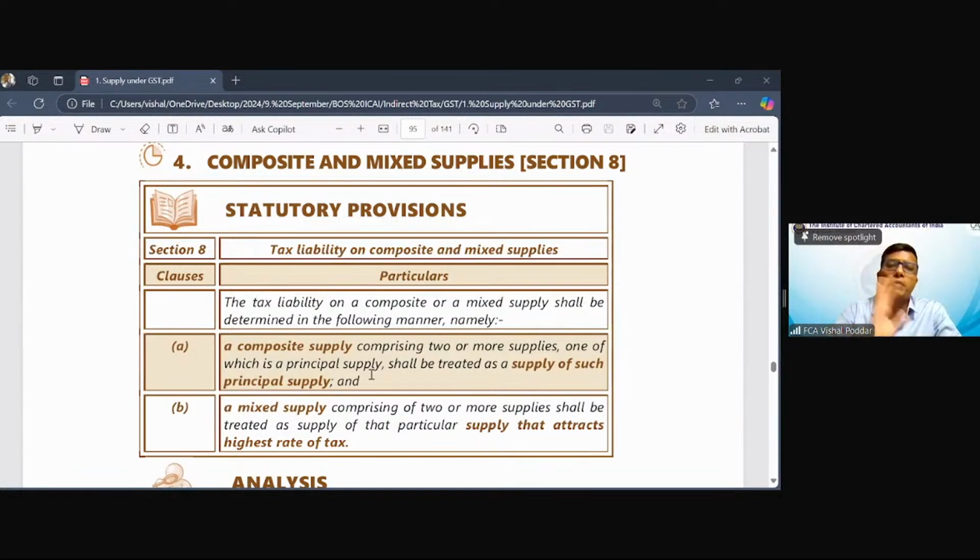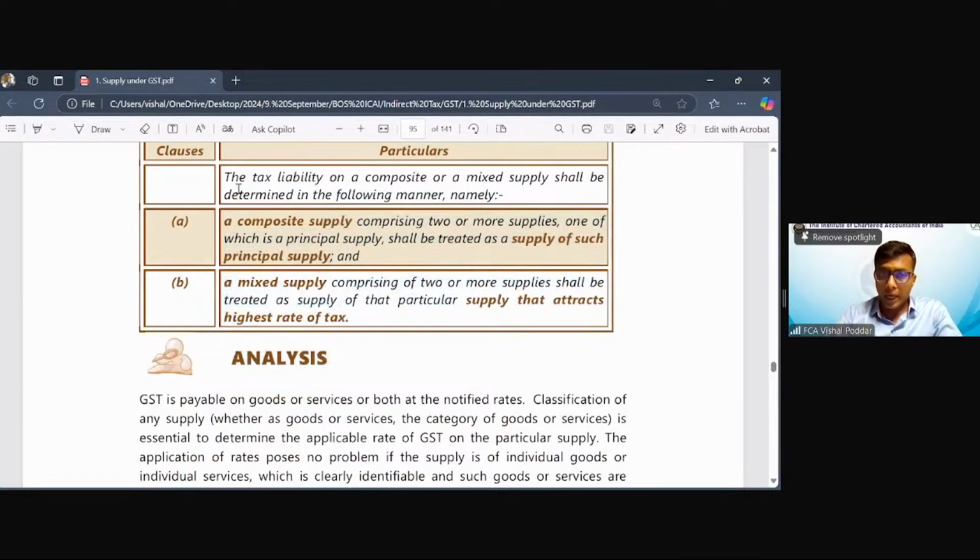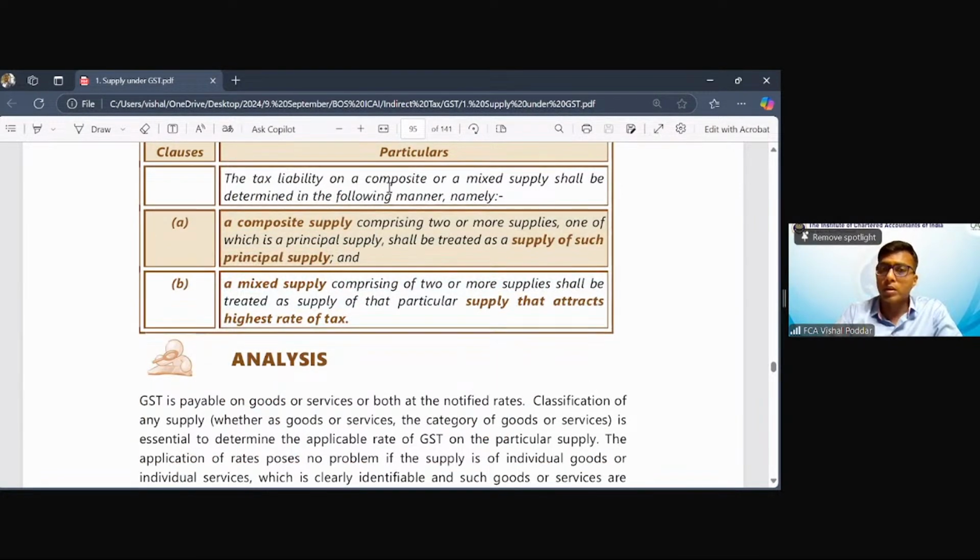For this, Section 8 comes into the picture. Section 8 is very simple. What does Section 8 say? The tax liability of a composite or a mixed supply shall be determined in the following manner. If your package is a composite supply, we'll study the definition after this, that is, it fits in the definition of composite supply, in that case we will treat it as if it is a supply of only one item, which is your main supply.